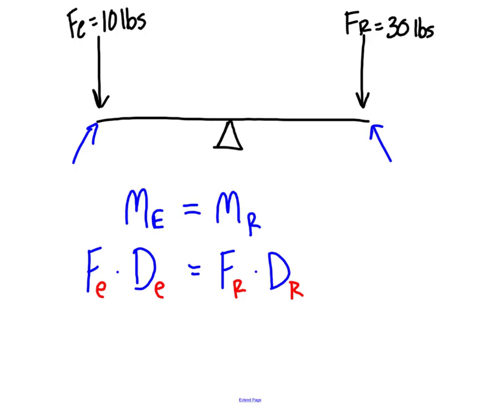Okay? Now, all of those variables, you guys have seen them before, right? So that's nothing new. This formula, you're definitely going to want to write down. A lot of times you'll see it referred to as the static equilibrium formula.